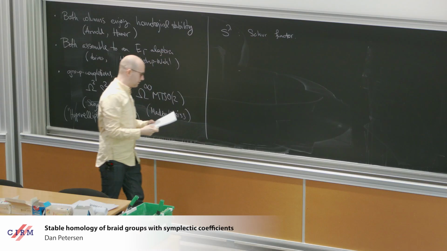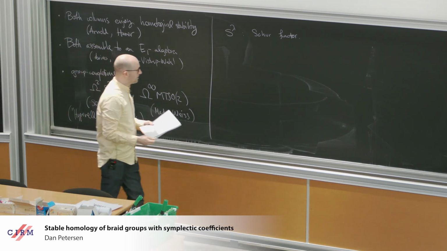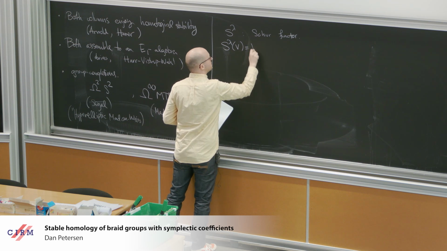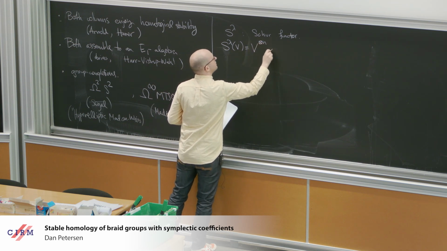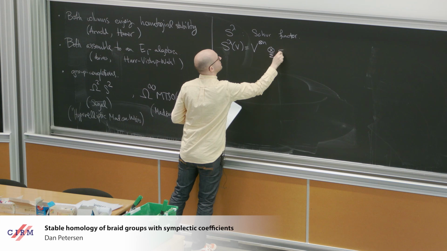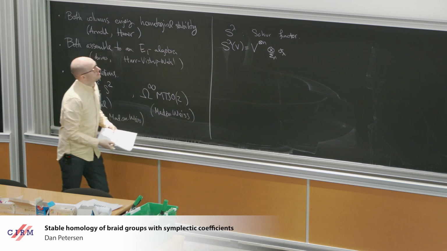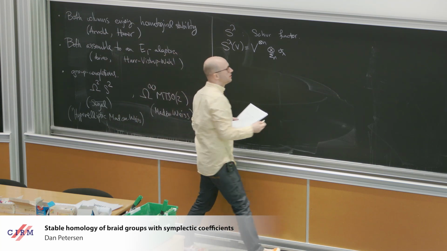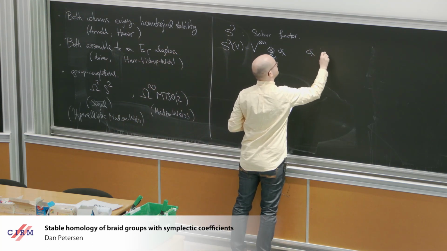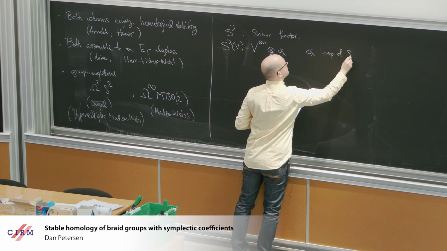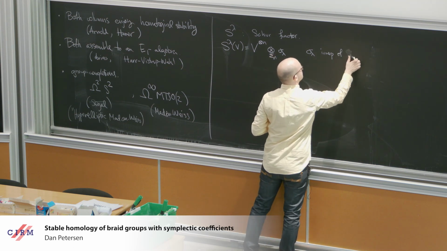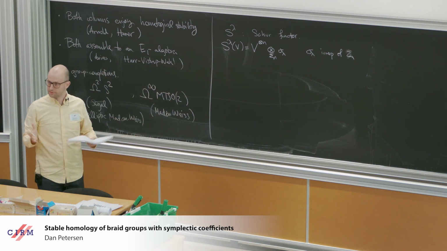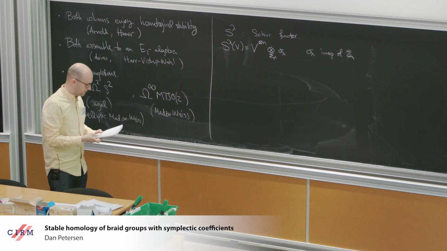So I'm going to pick a Schur functor, S lambda, which means precisely that S lambda of V is given by the following formula. So I take the n-fold tensor power of V, and I tensor over the symmetric group with some irreducible representation of the symmetric group, and everything happens over a field of characteristic 0.